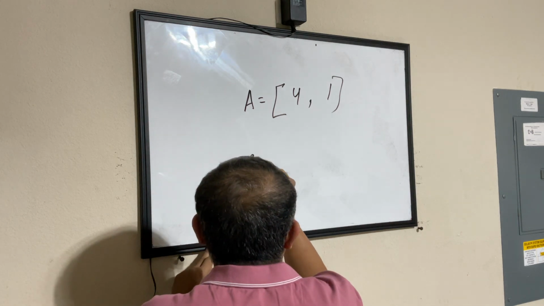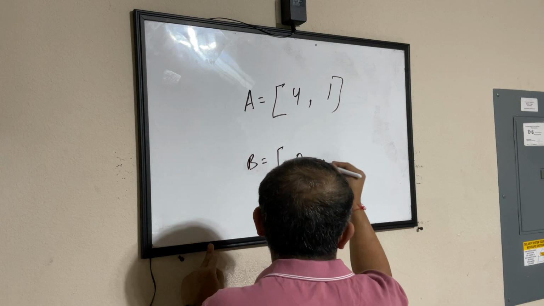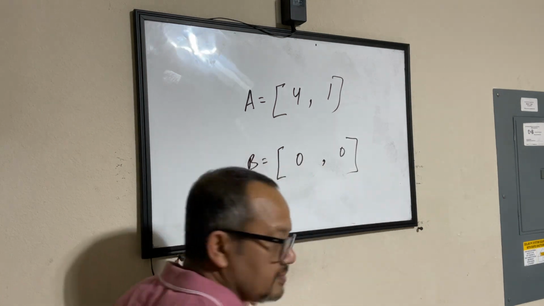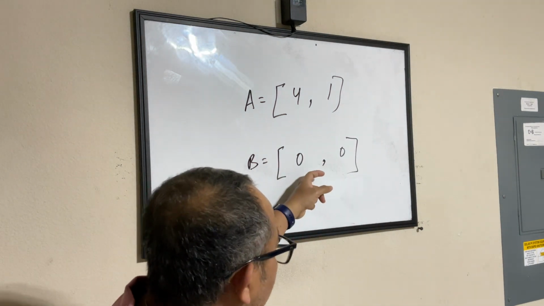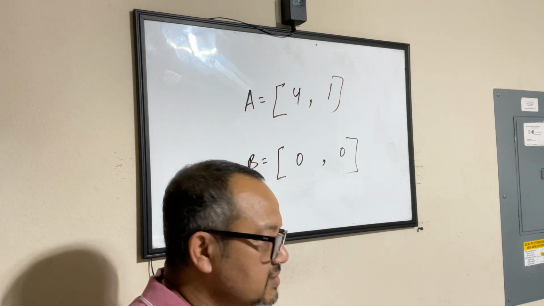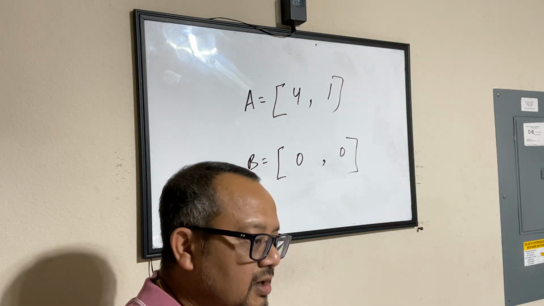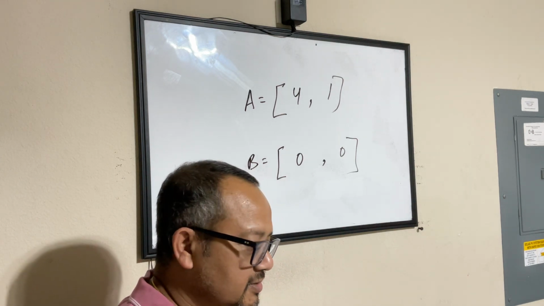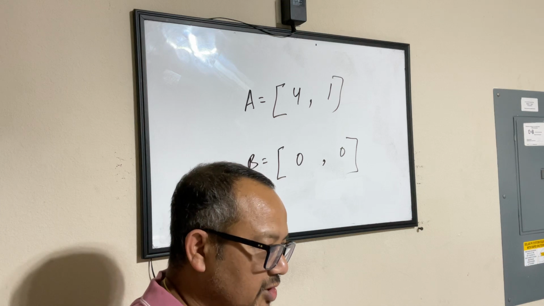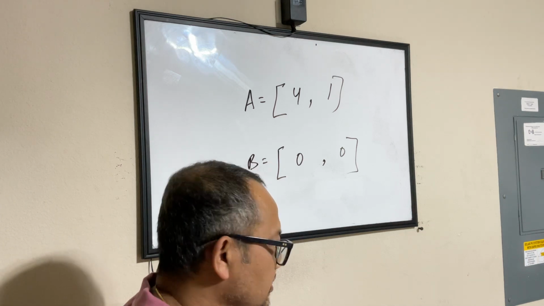And let's look at another matrix. When all the elements of a matrix are 0, that is called a zero matrix. Make sense? Chris, with me?